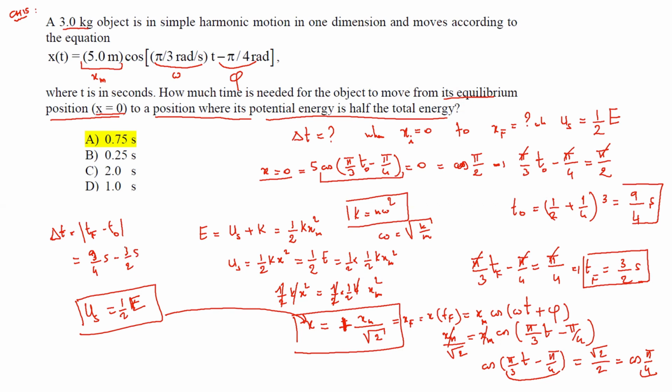Okay. So if I do it properly, I will have what here? I will have 6 divided by 4. So basically I will have 3 divided by 4 seconds, which is 0.75 seconds. Okay. Does it make sense? Yes, it is.